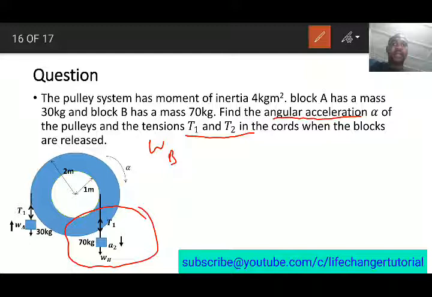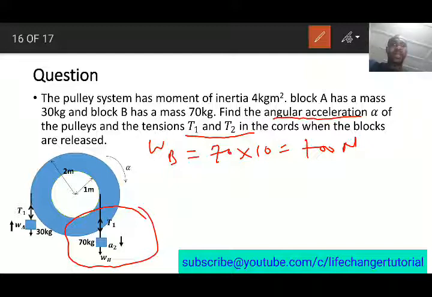The weight there is 70 times 10, which is equal to 700 newtons. You can see that it is greater than the tension T1 because it is going downward.